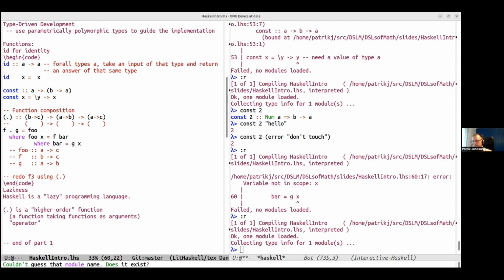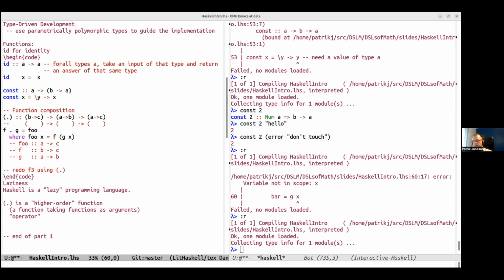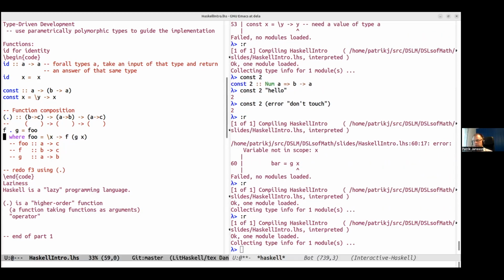And now I can start using program calculation here. We know that bar is equal to g of x, so I can just replace bar by g of x. Okay, and now we can use the anonymous functions, the lambda expressions, to say that foo is equal to lambda x arrow f of g of x. That still type checks and works.